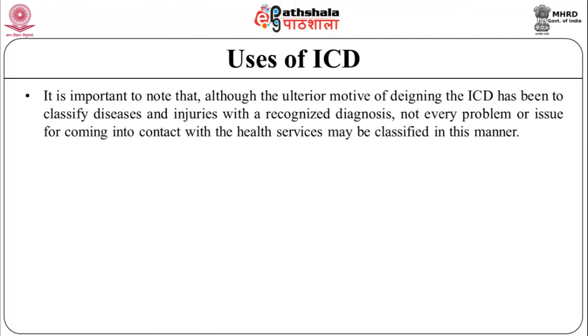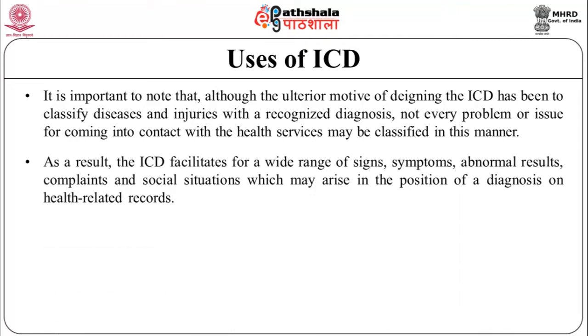It is important to note that although the ulterior motive of designing the ICD has been to classify diseases and injuries with a recognized diagnosis, not every problem or issue for coming into contact with the health services may be classified in this manner. As a result, the ICD facilitates a wide range of signs, symptoms, abnormal results, complaints, and social situations which may arise in the absence of a diagnosis on health-related records.